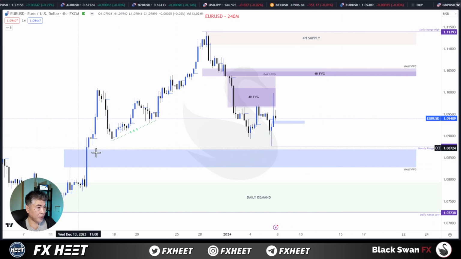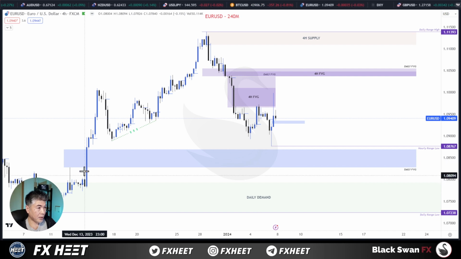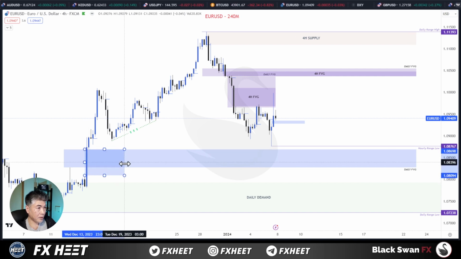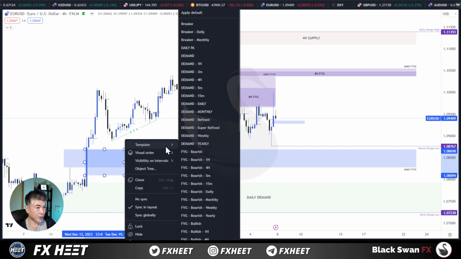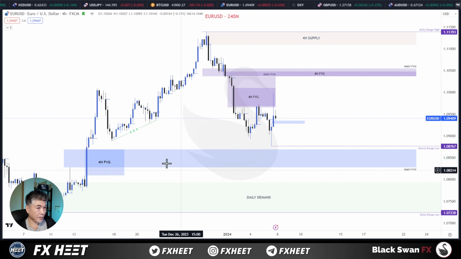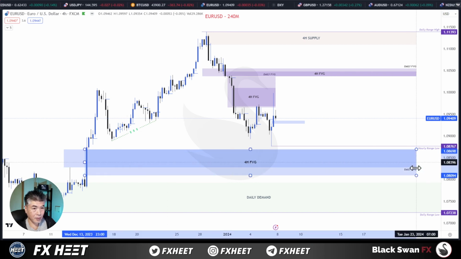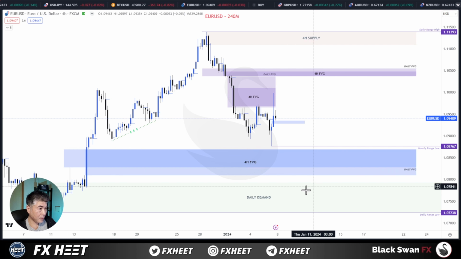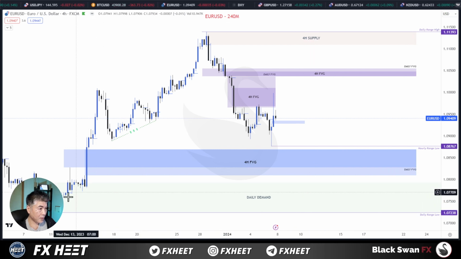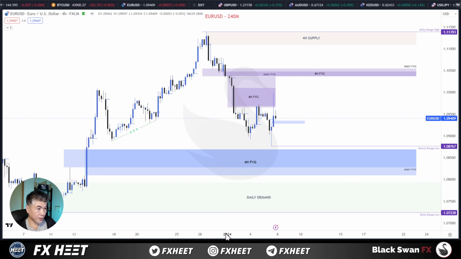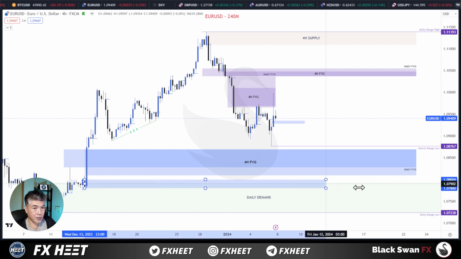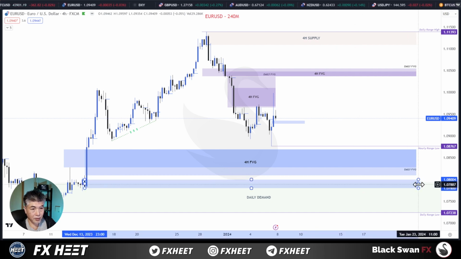So the daily fair value gap is more or less aligned with the 4-hour time frame. 4 hour is going to be a little wider. And most of this has been mitigated, so I would focus on this as the 4 hour demand.